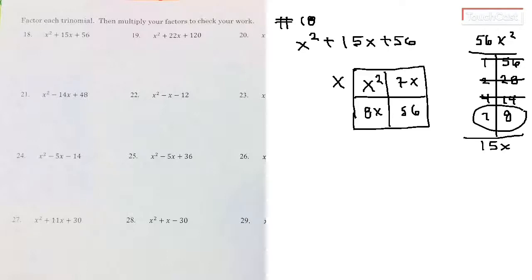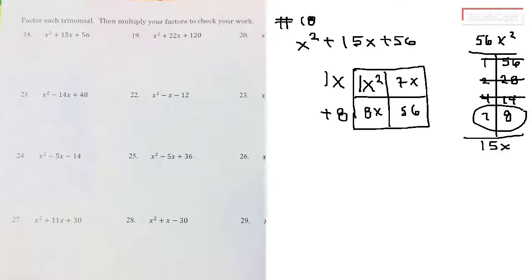Don't forget, there's a secret 1 in front of this x squared. If you said 1, you would be correct. Now we're going to go to our bottom row. We have 8x and 56. So they both don't have x's, so I won't take out an x. But my greatest common factor between 8 and 56 is a positive 8.